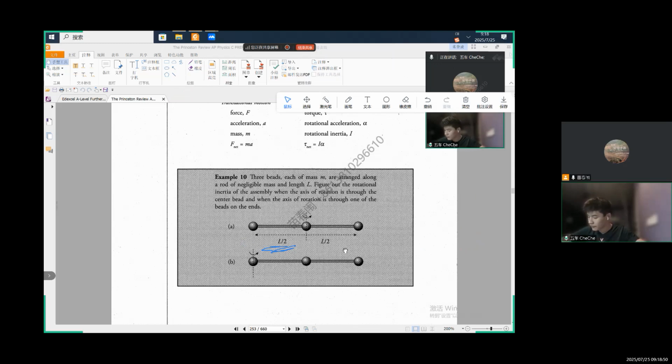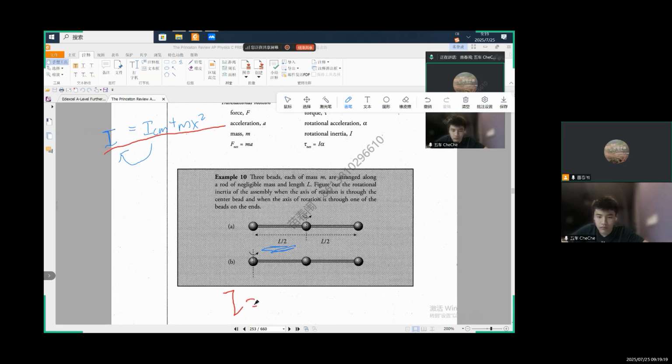Okay. Since you don't really get this question, you can use the original definition. The original definition, you can just find your I anyway. Do not use this.